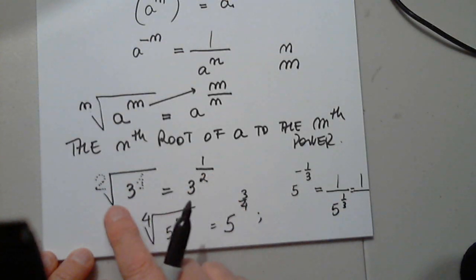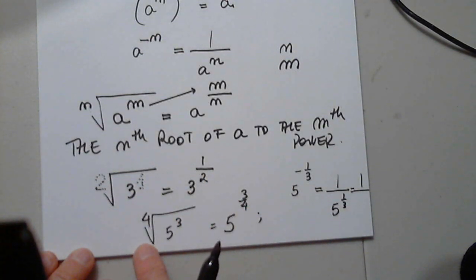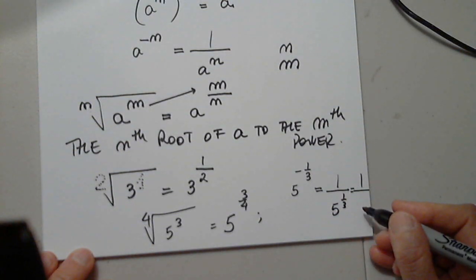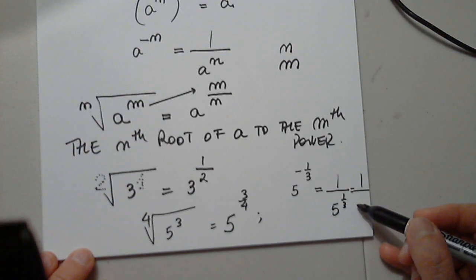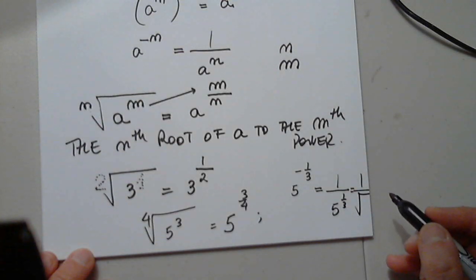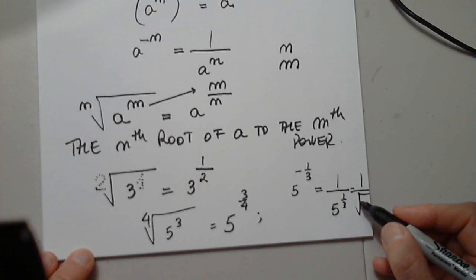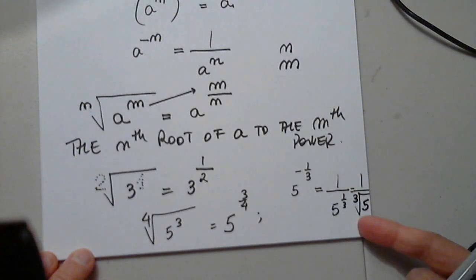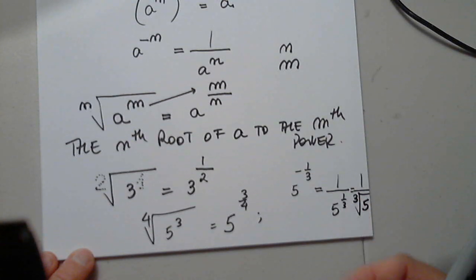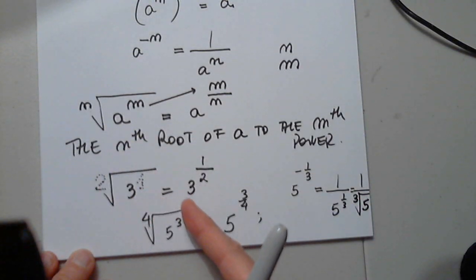If it's a fraction, it must be a root. How do I write 5 to the 1/3? The cube root of 5. The cube root of 5 is 5 to the 1/3. The square root of 3 is 3 to the 1/2.